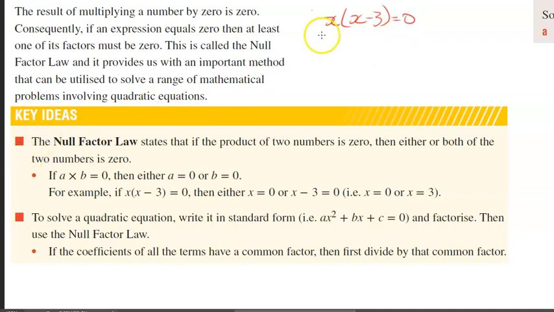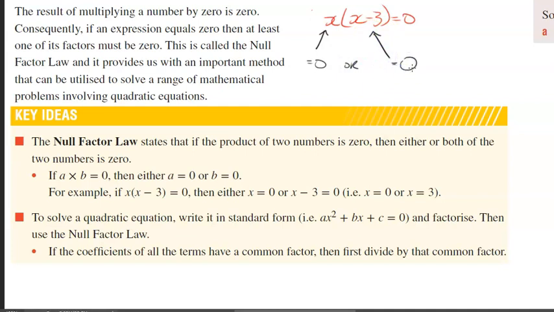So a in this case is the x, and the b is the x minus 3. And we've got these two x's here, yes, but this is saying that in order for this to work, that has to equal 0, or this has to equal 0.